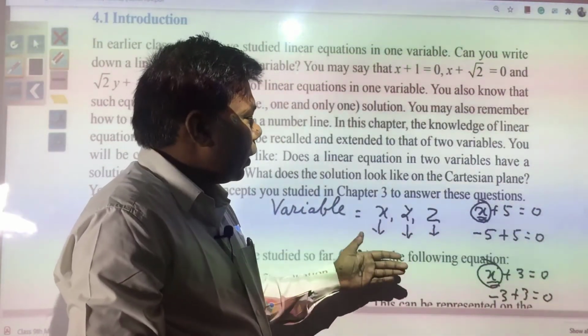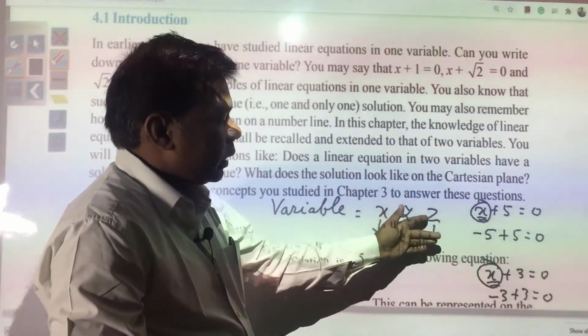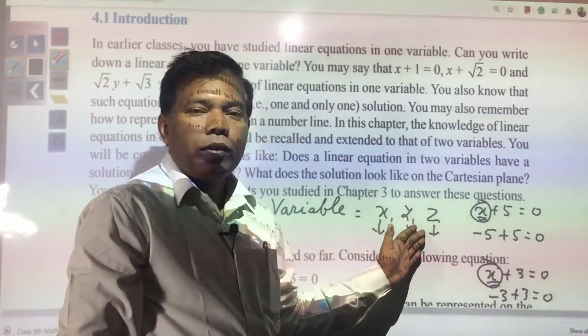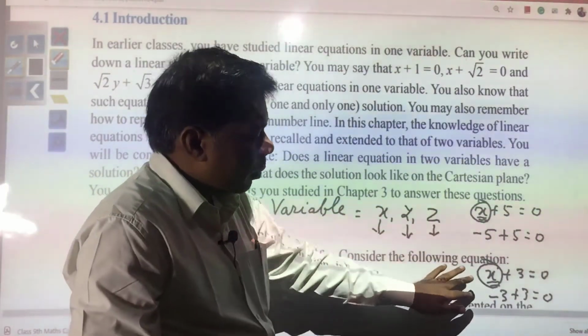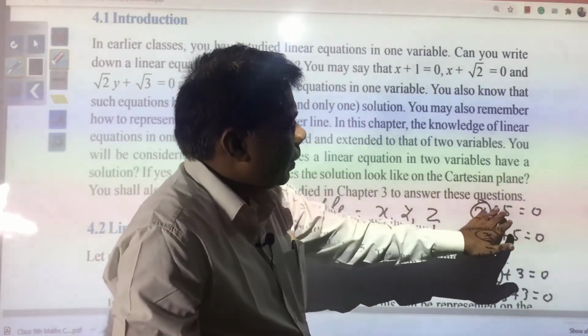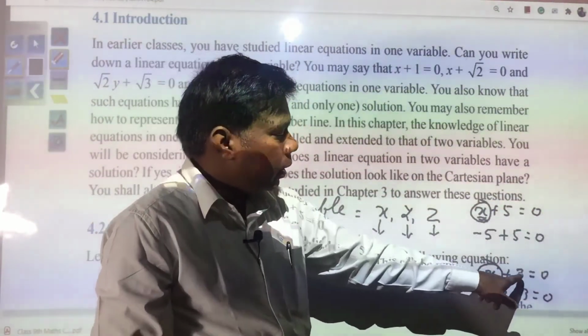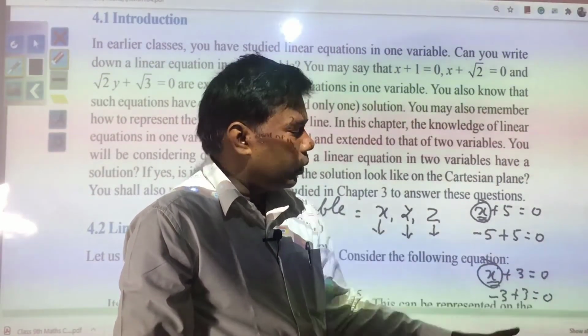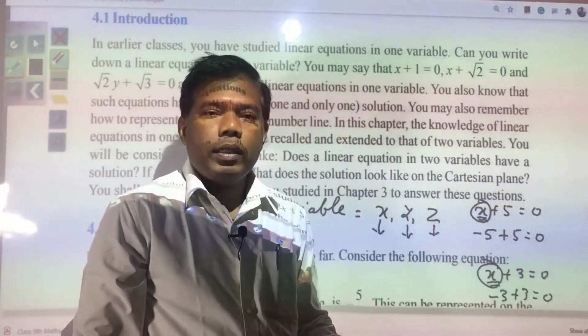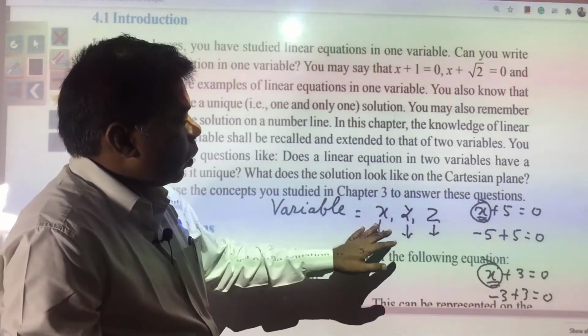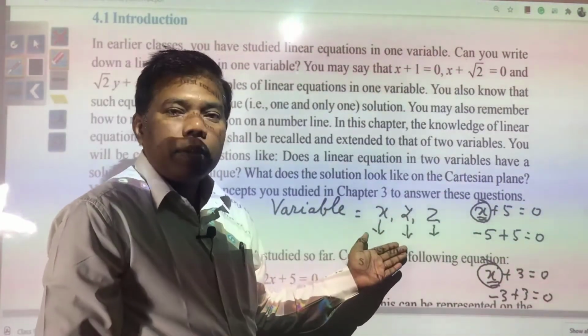So, according to the equation, the value of x, y, z or whatever unknown terms you have kept depends on the equation. If x plus 5 is equal to 0, the value of x is minus 5; if x plus 3 is equal to 0, the value of x is minus 3. It means you do not know the value of these unknown terms.